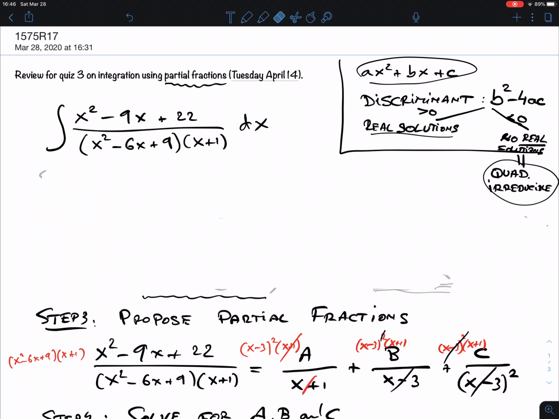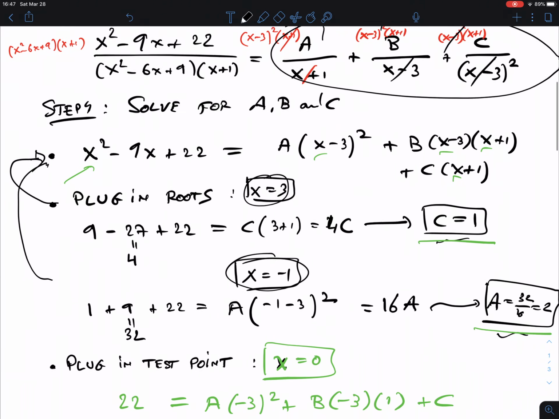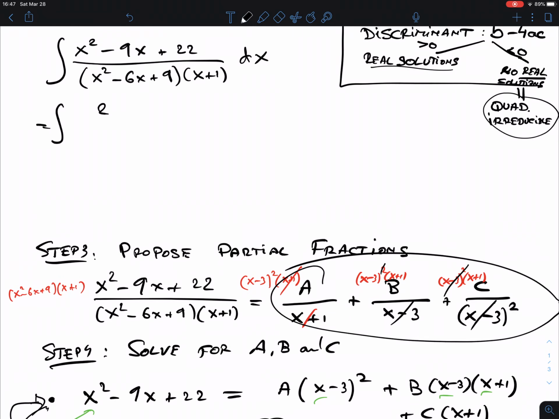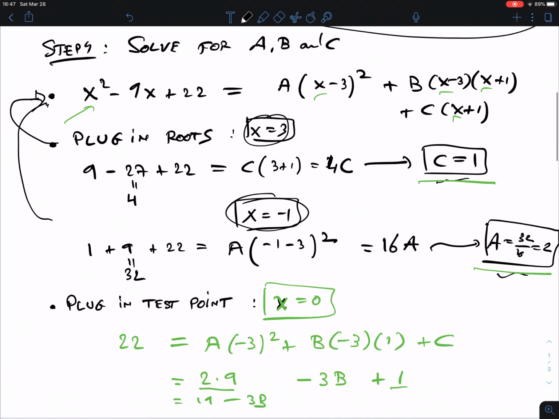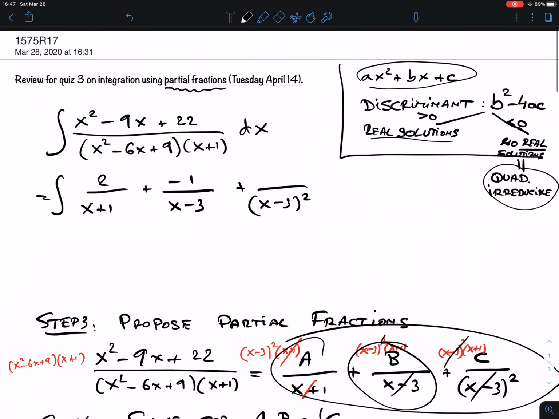Okay, so we see that this is equal to, a was 2, so it is the integral of 2 divided by x plus 1. b was -1, so plus -1 over x minus 3, that is this one, and then plus 1 over x minus 3 squared here, since c was 1, right? Yeah, c was 1.